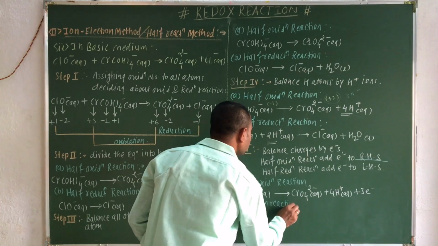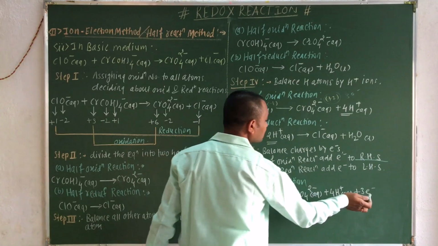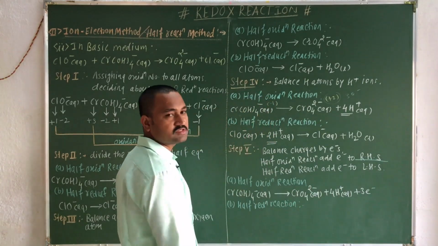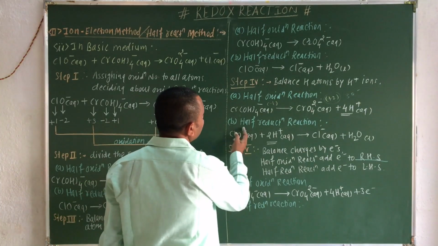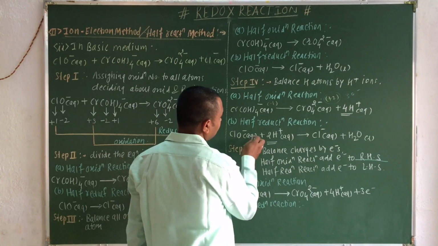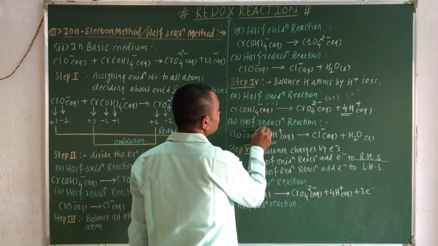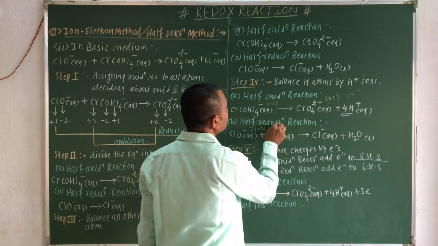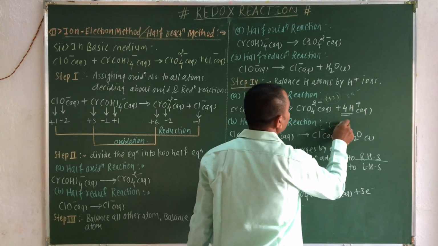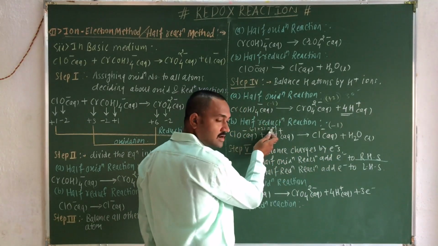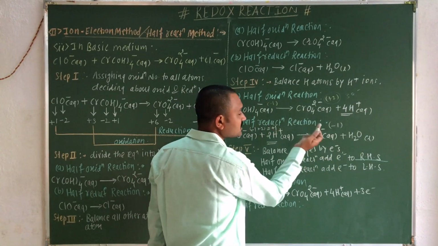And again you have observed one thing, I have added electrons to the right hand side of this half oxidation reaction 1. Now here there is -1 and +2 charge, so overall charge will be +1. Now here the overall charge is -1, so we have to convert this +1 charge to -1.